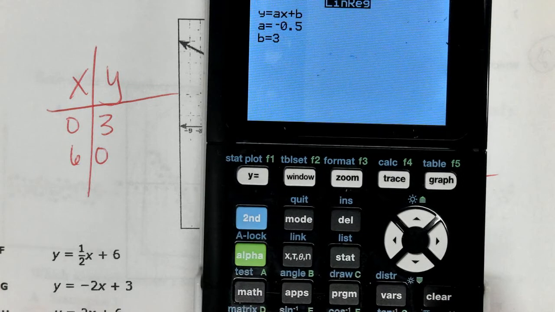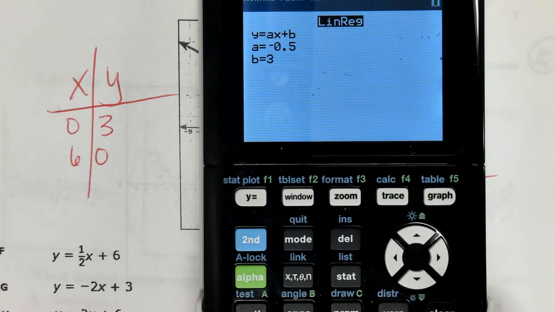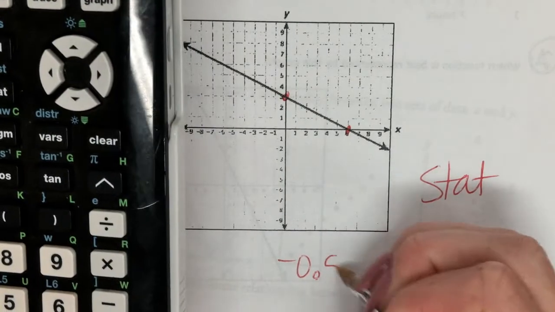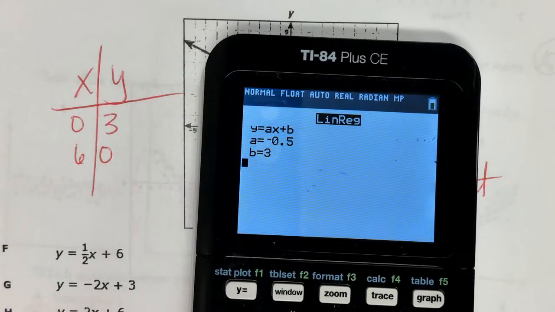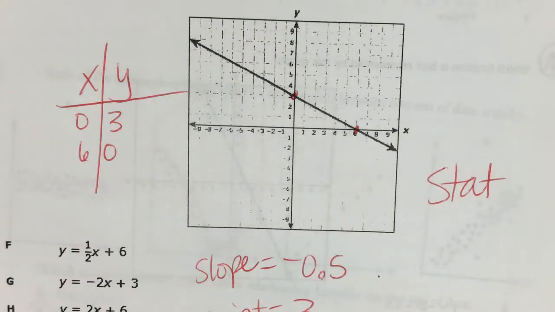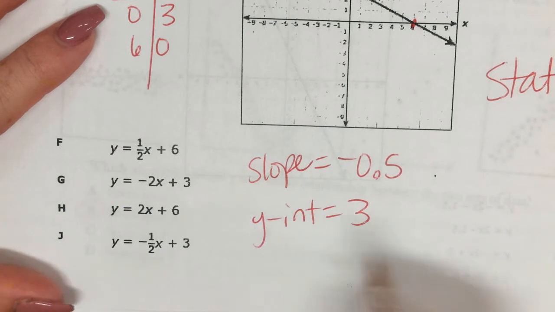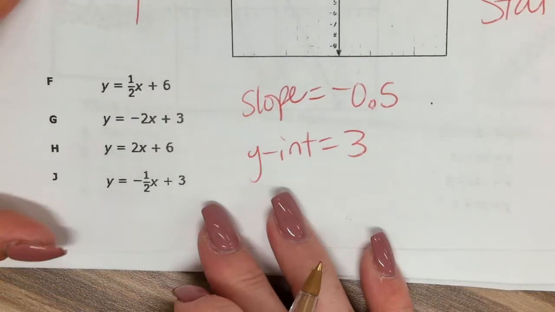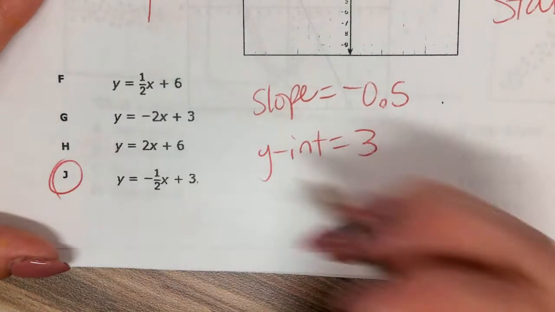What's the slope? No, it's not. What's the slope? Negative 0.5. What's the y-intercept? 3. Which answer has a slope of negative 0.5? J, and a y-intercept of 3.